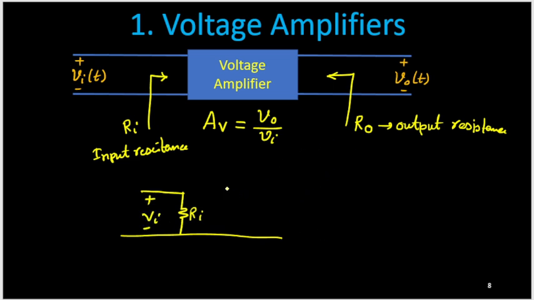Now in the output side, we need to get one output voltage Vo, but here the gain is AV. So I need to consider one controlled source, and it should be a voltage source depending on the voltage Vi. As its gain is AV, I can write it as AV times Vi.